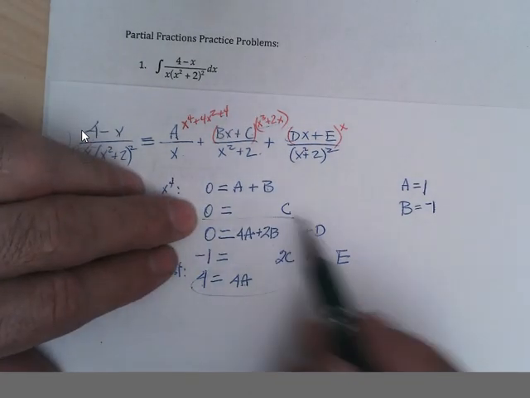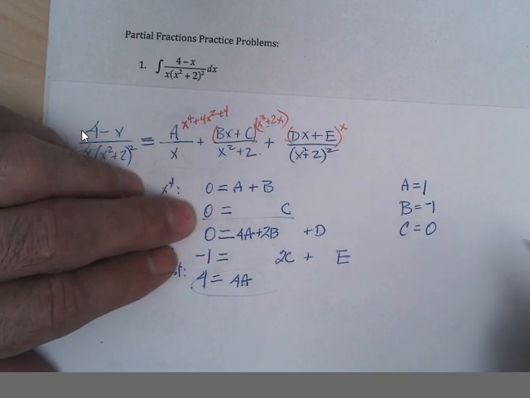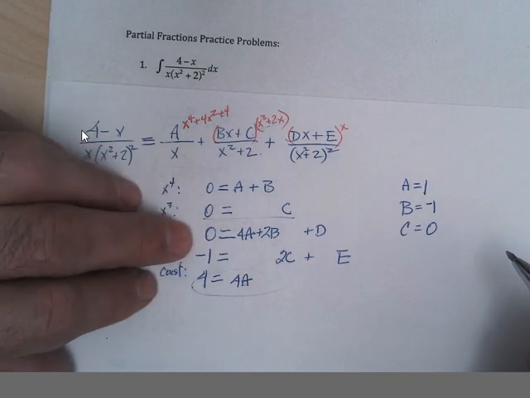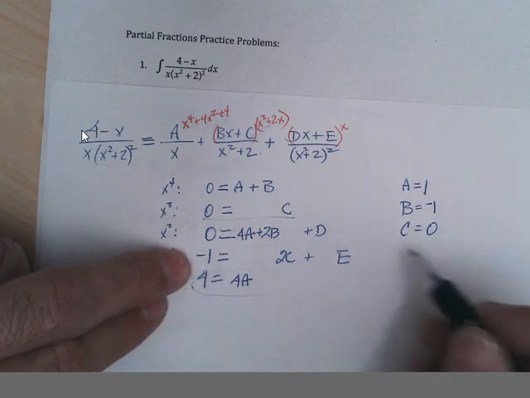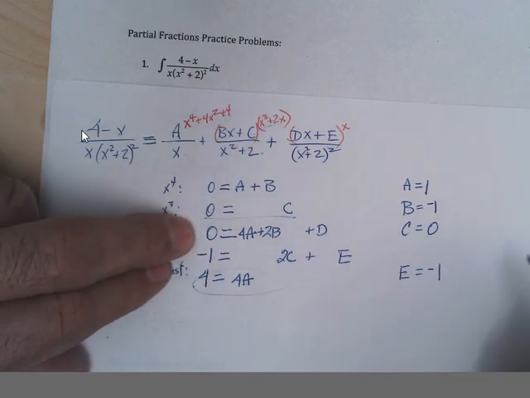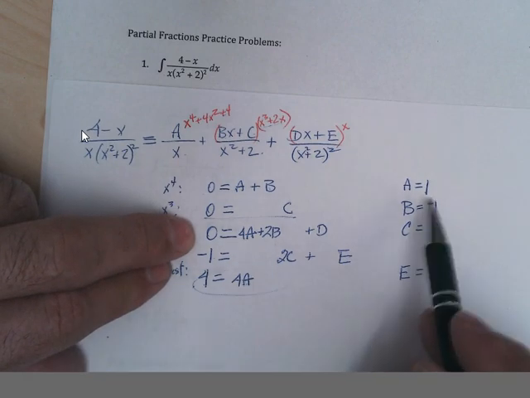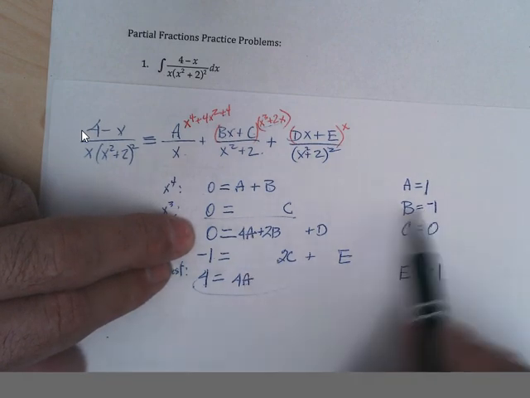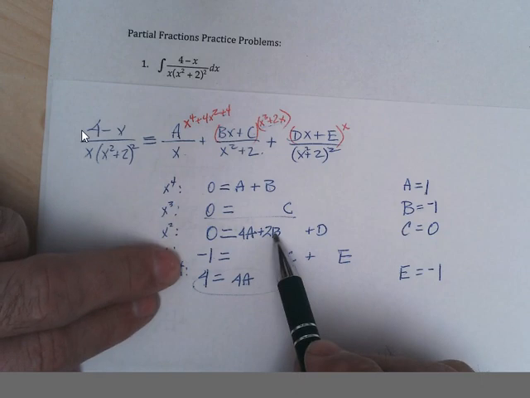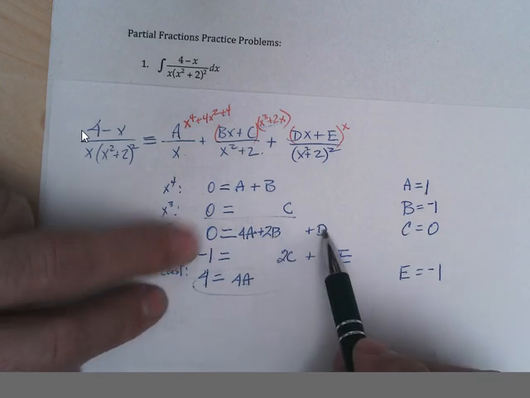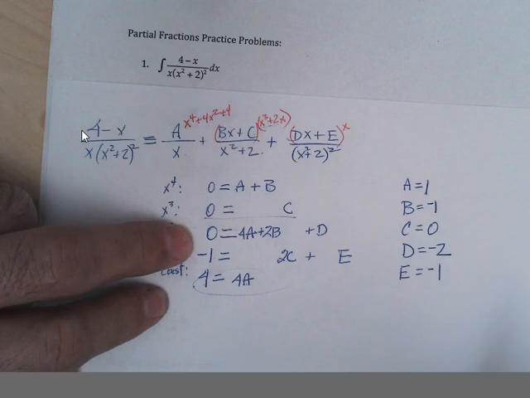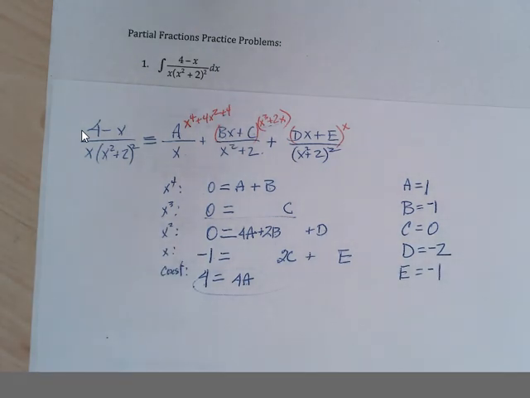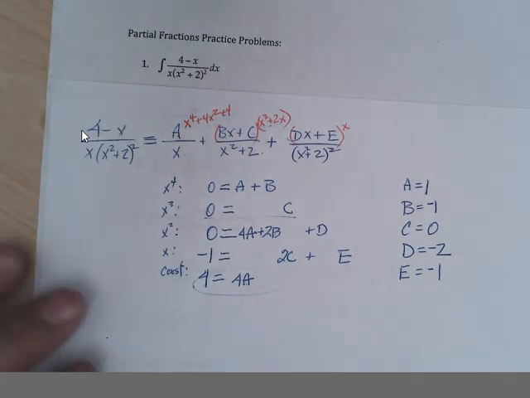It says C is 0, and if C is 0, E has to be negative 1, and if A is 1, we have 4 minus 2, which is 2, plus D is 0, so D must be negative 2. If I put that in matrices, I should get the same answer.